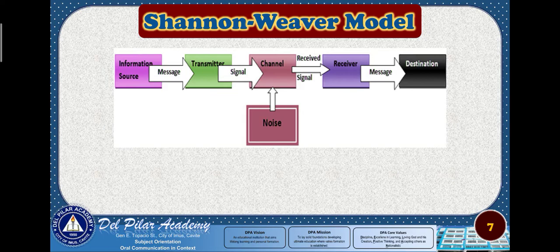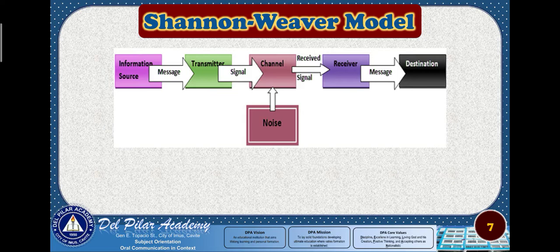This is often called the telephone model because it is based on the experience of having the message interfered with by noise from the telephone switchboard back in the 1940s. Claude Shannon and Warren Weaver were workers of a telephone company back then. So they based this model on how communication happens in telephone.